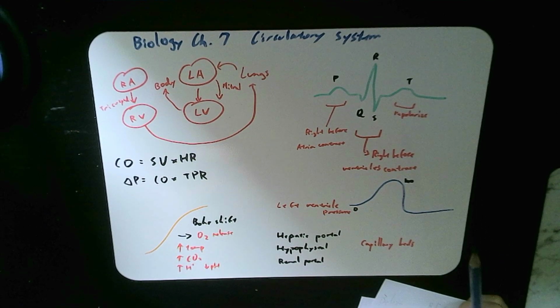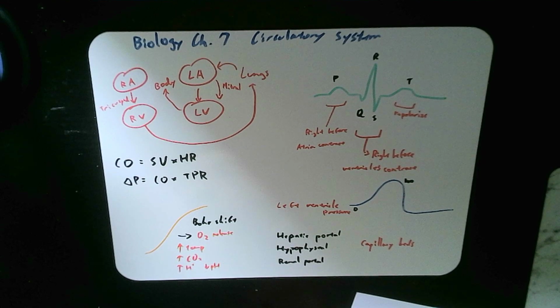Now we also have the Bohr shift of oxygen being unloaded from your hemoglobin, your red blood cells. As we discussed earlier in the different chapters, your oxygen will be unloaded into the tissues. That's the whole point of the circulatory system, to unload the oxygen.